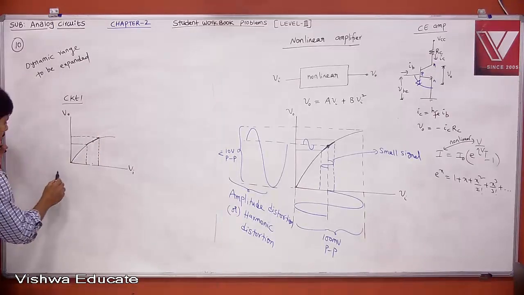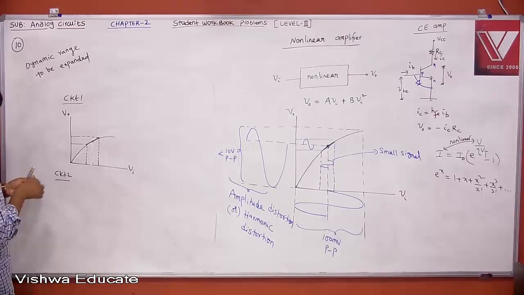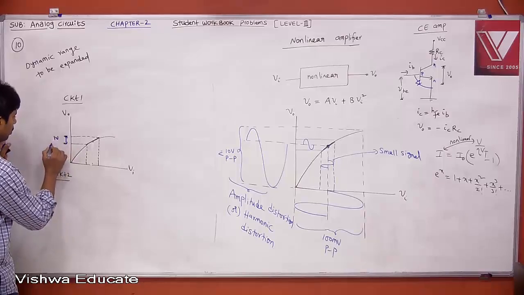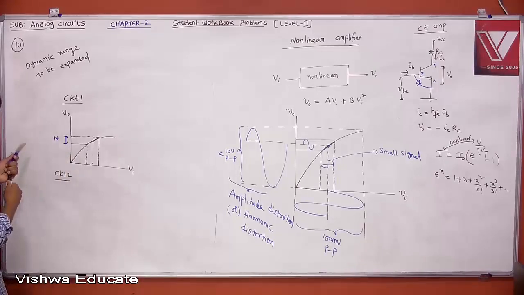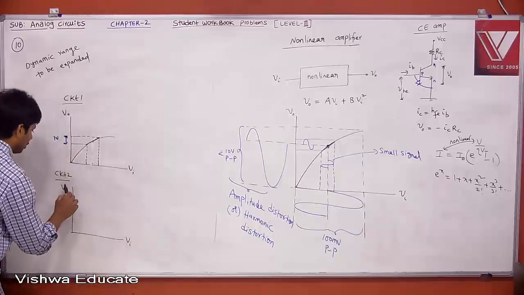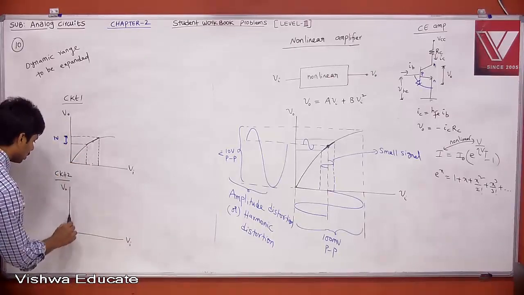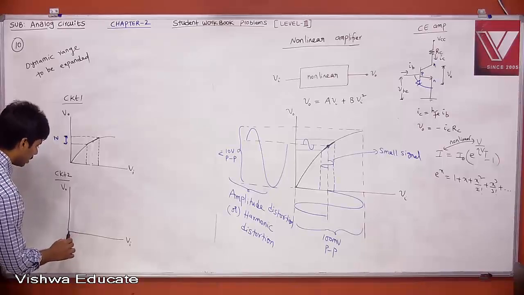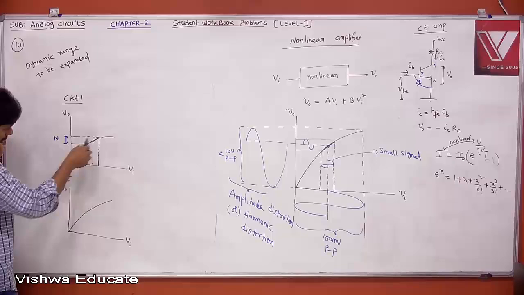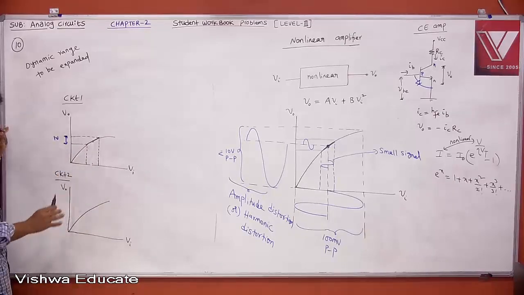Now circuit 2. Let us say the dynamic range of circuit 1 is, for example, only 1 volt. Now if you take circuit 2, this is your Vi and this is your V0. It is also non-linear, I am not saying that it is linear, but it is somewhat better. This one has a completely non-linear curve, but this is not completely non-linear. It is a little bit linear.